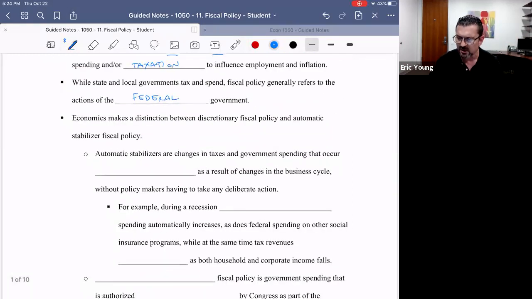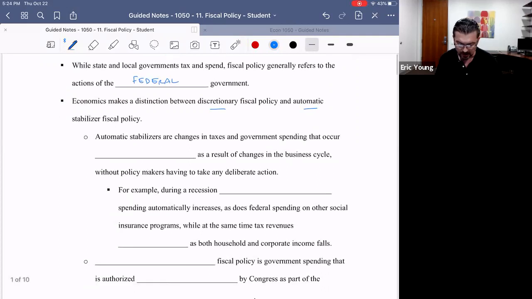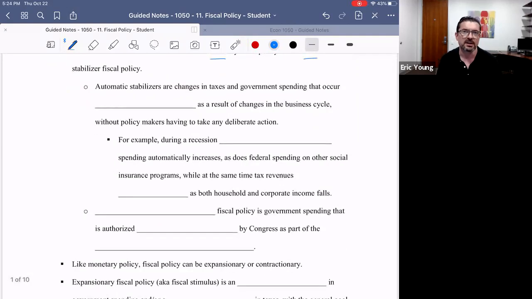Another thing in terms of jargon, when we talk about fiscal policy in economics, we make a distinction between discretionary policies and what can be called automatic stabilizer policies. Quickly, just to address those, automatic stabilizers refer to changes in taxes and spending. So it's still a form of fiscal policy.